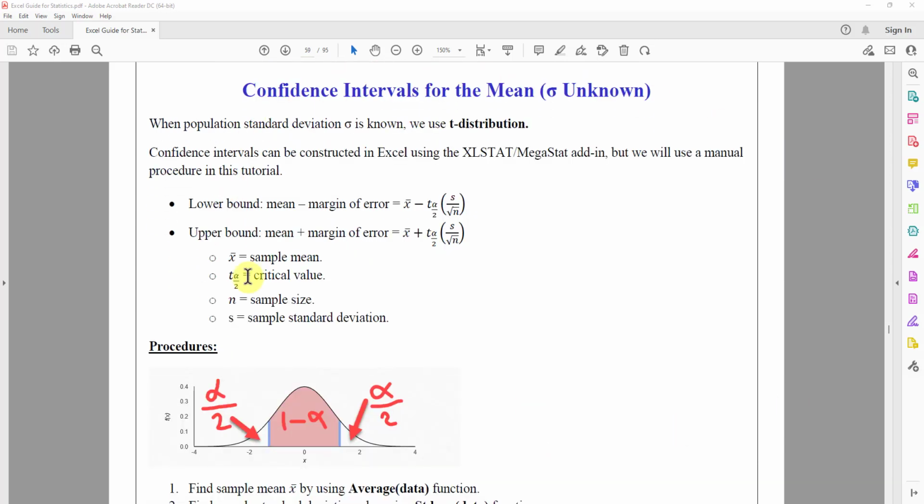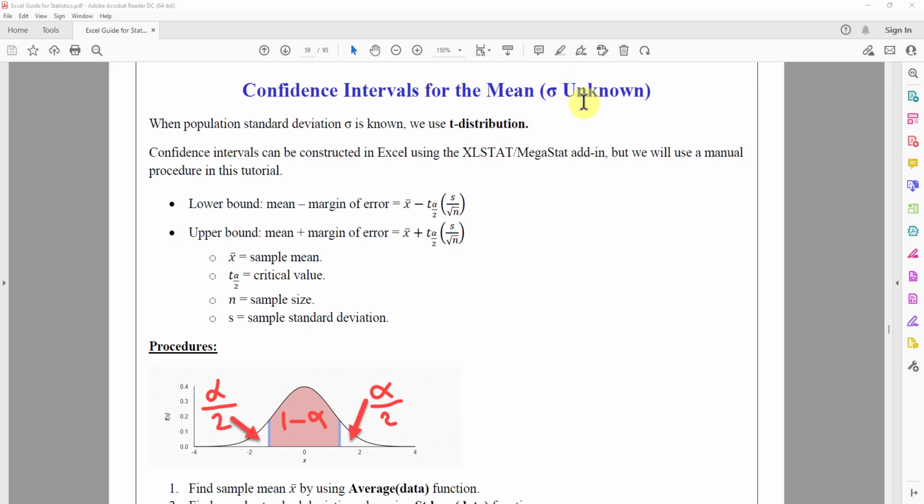Let's move on to another topic, finding the confidence interval for the mean, but this time sigma is not given, which means the population standard deviation is not known. If that is the case, we use the t distribution instead of the z distribution. Remember, if sigma is not given, we use the t distribution.